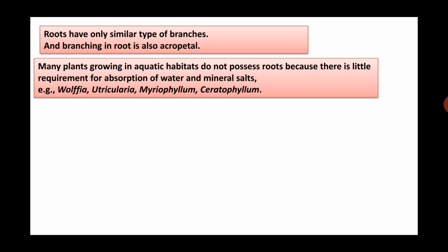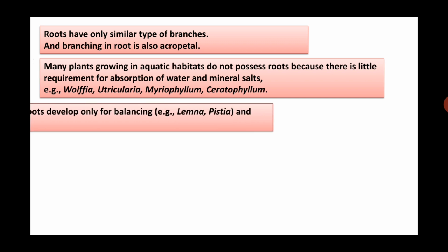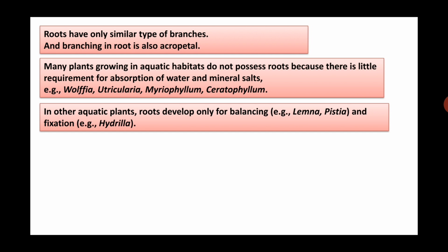Examples are Wolffia, Utricularia, Myriophyllum and Ceratophyllum. In other aquatic plants, roots develop only for balancing, for example Lemna, Pistia, and for fixation like in Hydrilla.